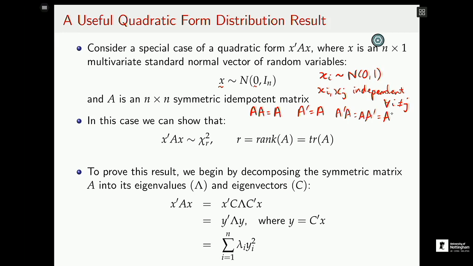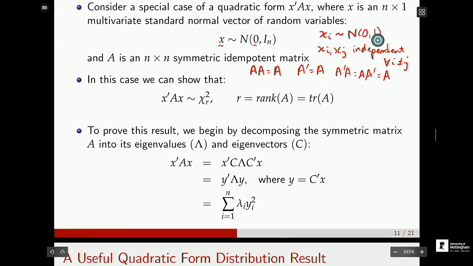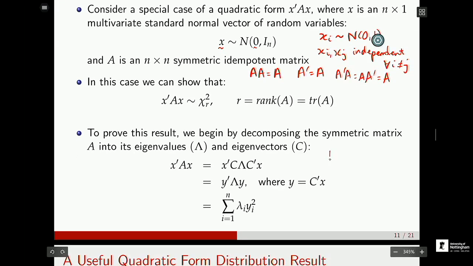The way we're going to go about proving the result, we're going to start by decomposing the matrix A into its eigenvalues and eigenvectors using that form that we saw in the matrix algebra section, where we write A as C lambda C transpose. C is the eigenvector matrix.